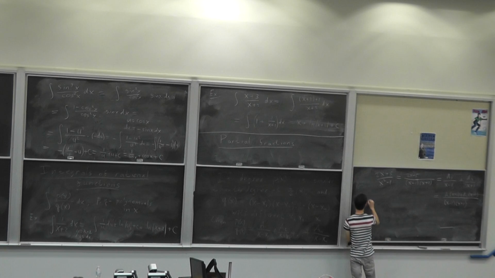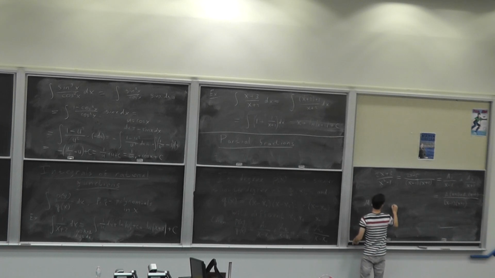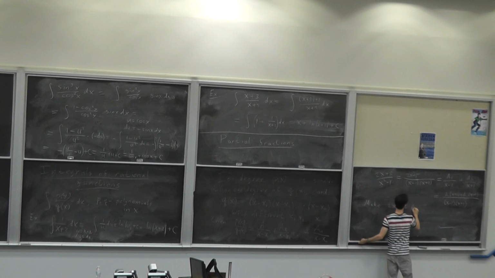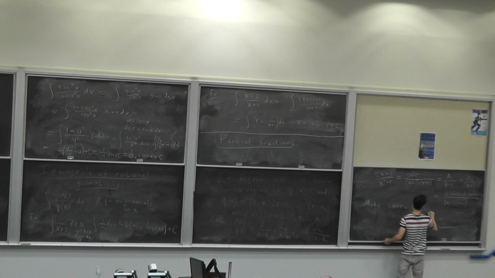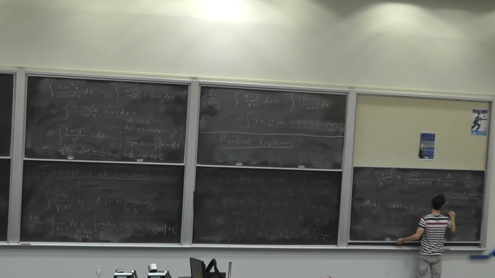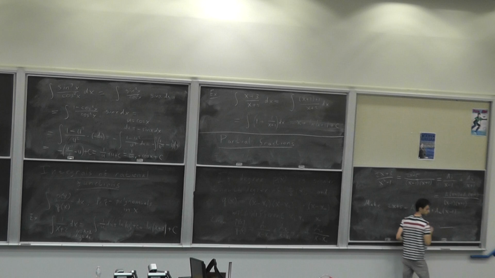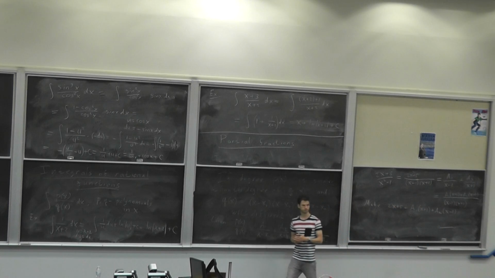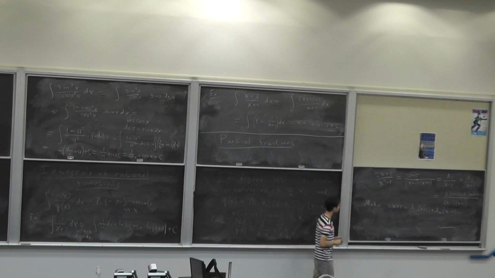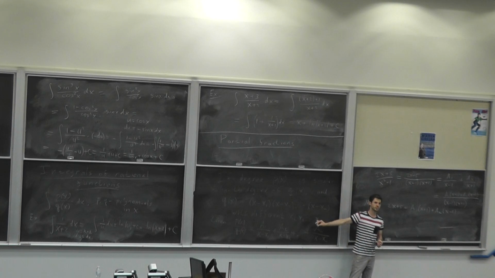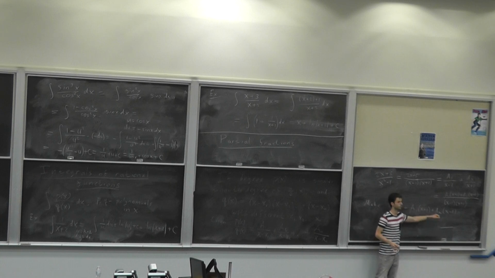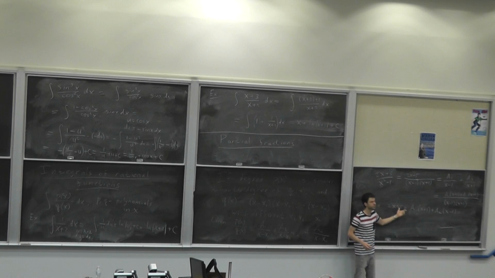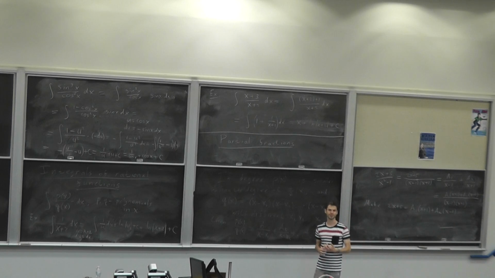So we'll make the x plus 5 equal to the new numerator. Using this statement, you will be able to find such numbers A1, A2, which will satisfy this identity. Now, how to find them? There is a simple trick.